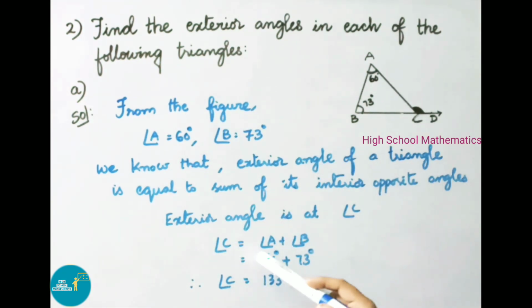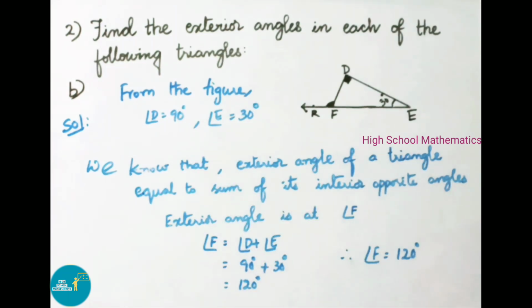So angle C is equal to angle A plus angle B, that equals 60 degrees plus 73 degrees. So the sum of these two is 133 degrees. Therefore angle C, that is the exterior angle, is 133 degrees.